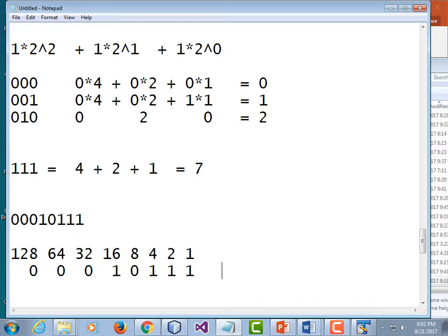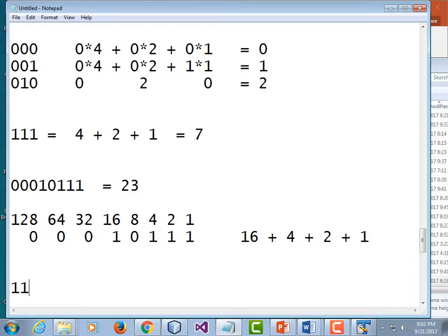No, we don't have any 64s either. We don't have any 32s, but we have a 16. So that is 16 plus no 8s. Do we have any 4s? Yeah, we have a 4, a 2, and we have a 1. So 16 plus 4 plus 2 plus 1 is equal to 23 if I have done my math right.